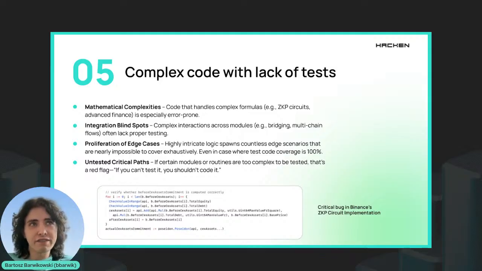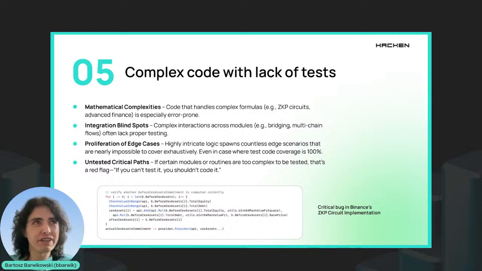So whenever I see something like this, complex code with no test, this is a huge red flag, and I will be checking this code for sure, because it's almost guaranteed that there will be issues. So if you want to quickly make a lot of money from bug bounties, start from that.